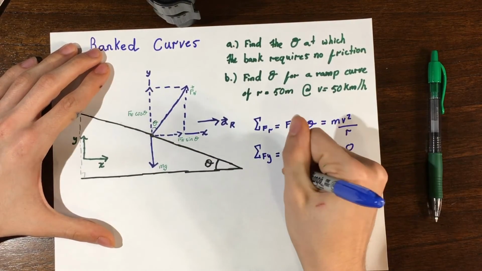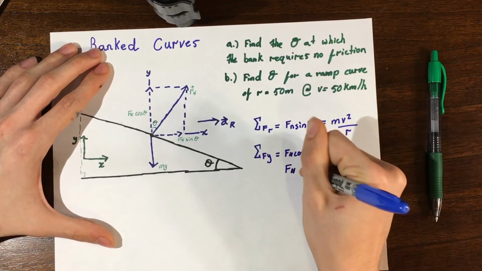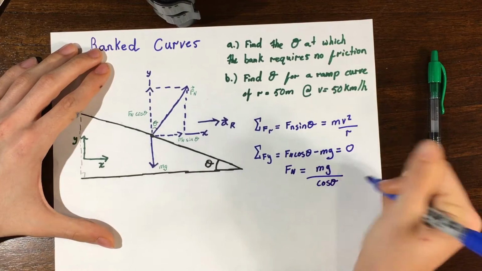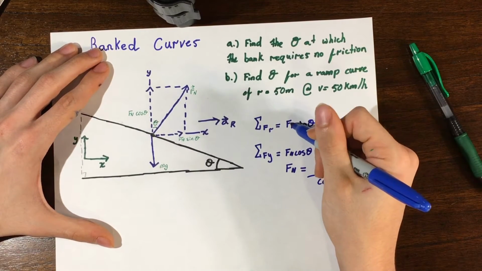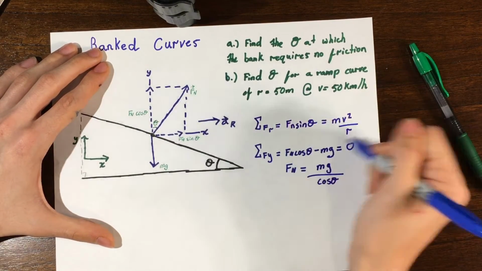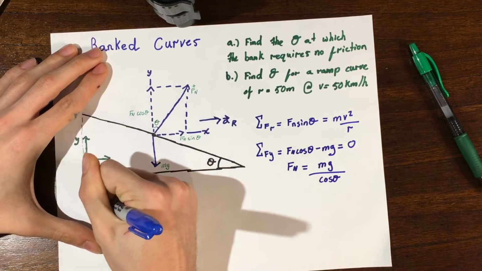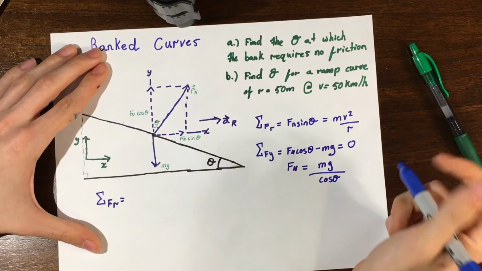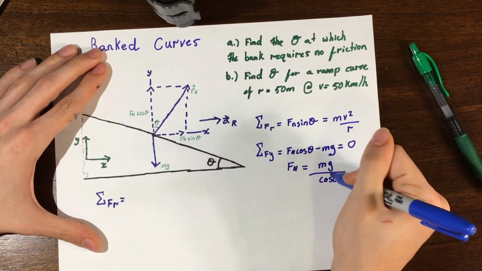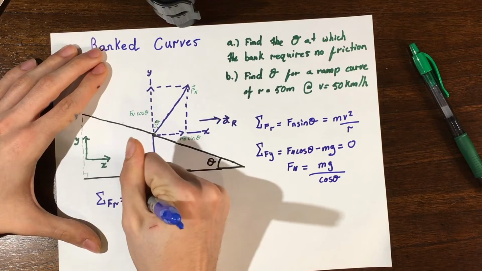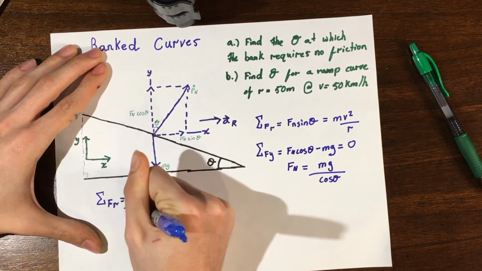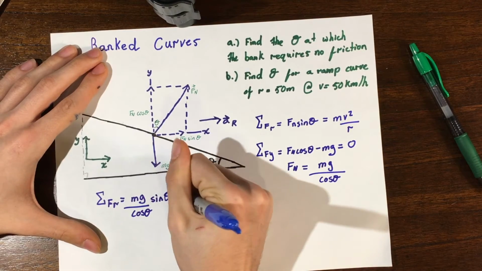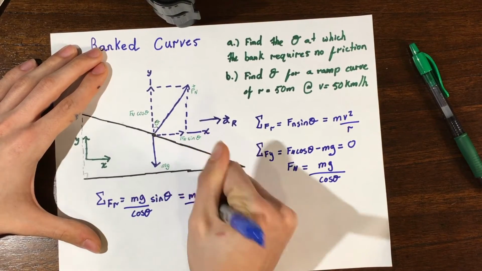And so now let's solve in terms of force normal, and we'd get mg over cosine theta. And now we can substitute in for our original equation. So we have our summation of the radial force is equal to Fn sine theta. We're going to plug in mg over cosine theta for Fn, and then we have to keep the sine theta, is equal to mv squared over r.